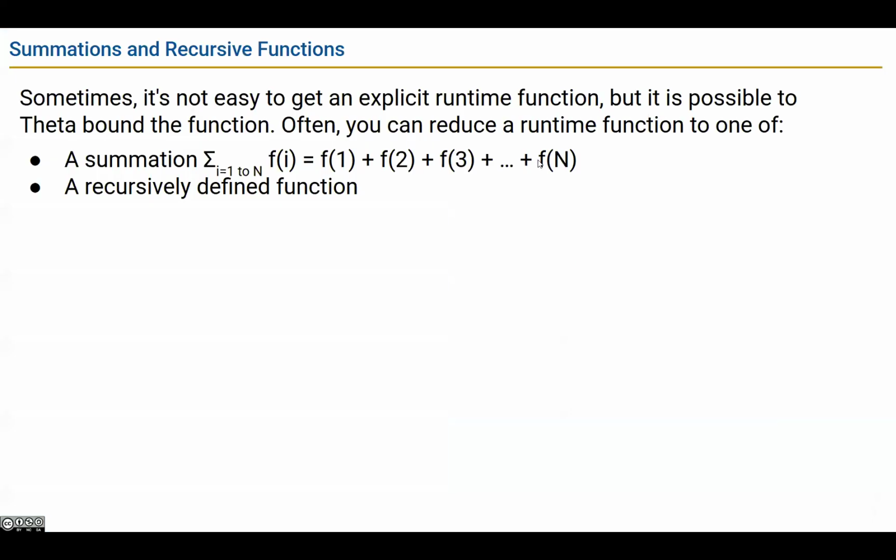What we're eventually going to lead up to is a way to compute the runtime of a function. Normally a lot of functions that we work with can be reduced down to one of these two things: either a summation, which is just a sum of values from 1 to some number, or a recursively defined function. Those tend to appear more with recursion type programs.